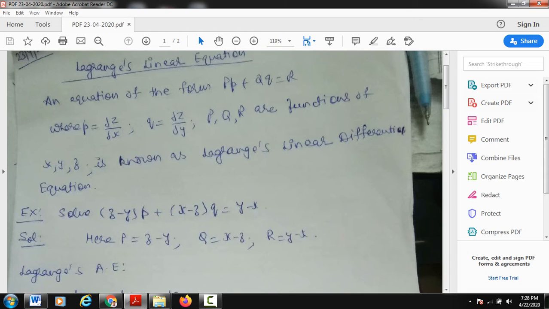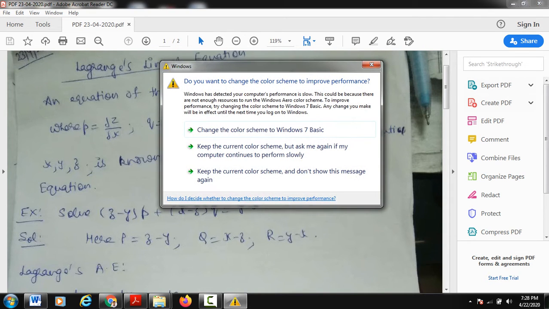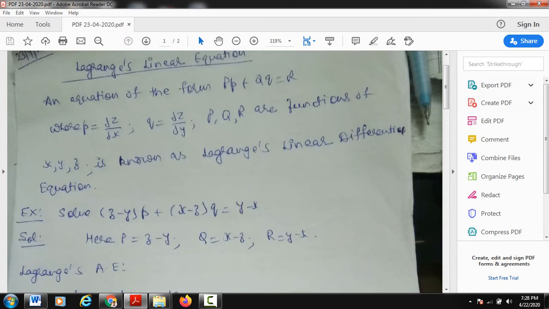Okay, so first of all, students, I will identify whether this equation is a first order linear partial differential equation or not, that is, whether it is Lagrange's linear differential equation. How can we judge? The first condition is that the partial derivatives included in the equation must be of first order, and the first order derivatives must possess degree 1, not 2, not 3, not 4, or we can say not greater than 1.